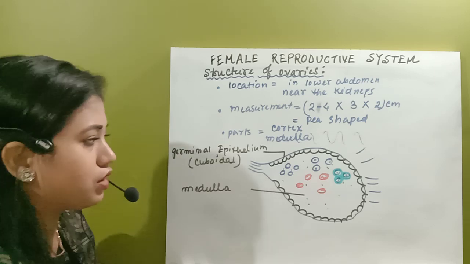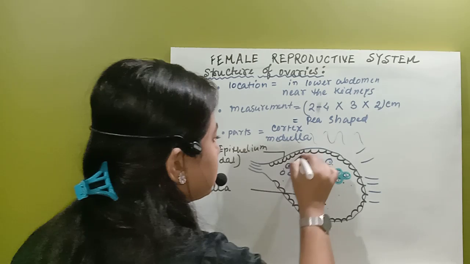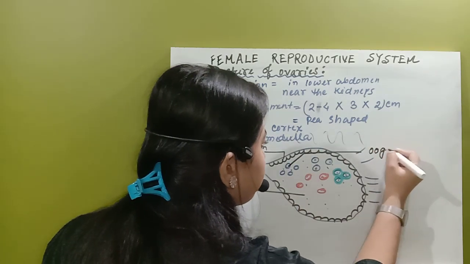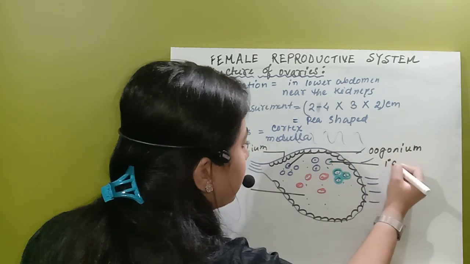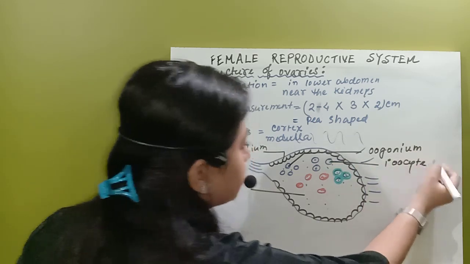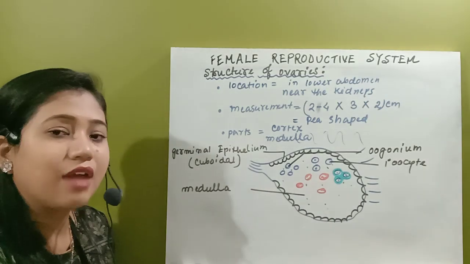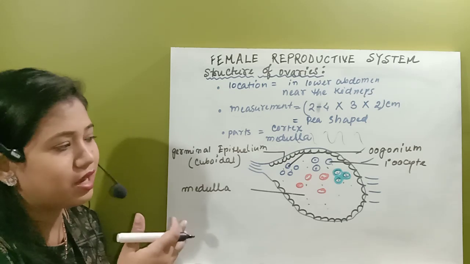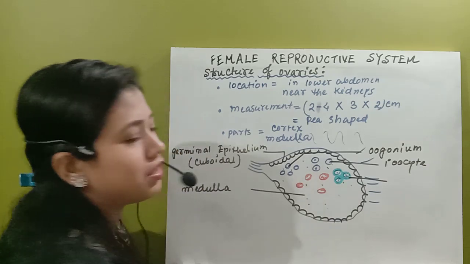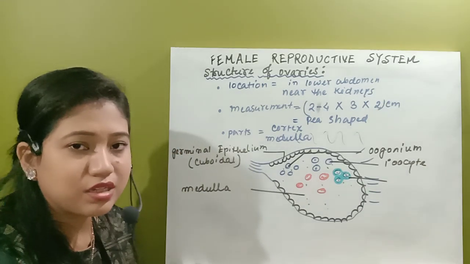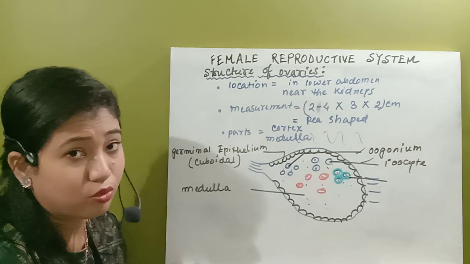So here we are going to have those cells. Let's just label those cells. These are the oogonial cell, or oogonium also we can call. These are known as the primary oocyte. So till now, up to birth, only these things are going to be seen in the ovary, and from birth, this primary oocyte will develop the granulosa cells around it, and this growth process will take around 10 to 12 years, a long period.